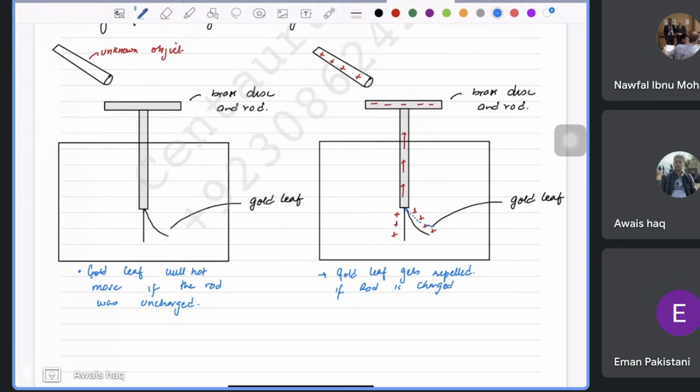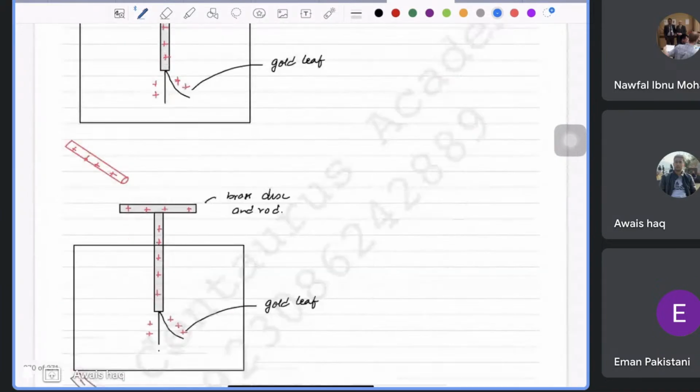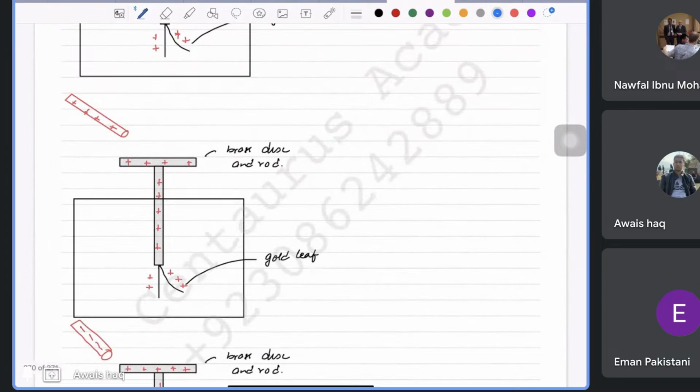Okay. Then we can also identify the nature of charge on anything. For example, suppose that we have a gold leaf which is already positively charged. If we bring a positive rod close to it, what will happen is that because positives repel positives, it will enable a repulsion effect, which means electrons will further move up.